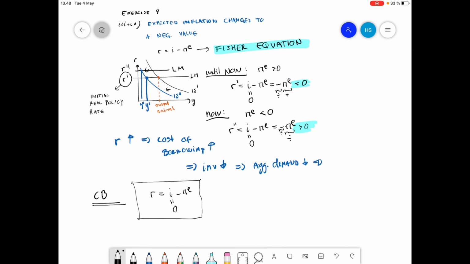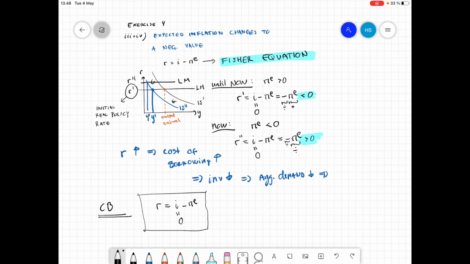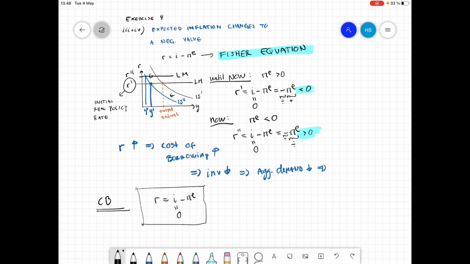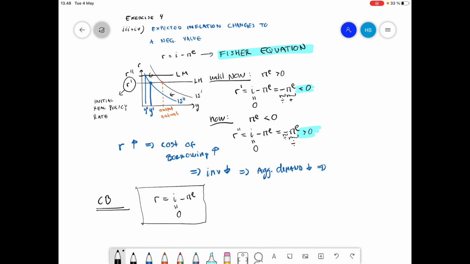So here we could think of one thing. The main take home: in order to limit the negative effect of the contractionary fiscal policy, the central bank could bring about a decrease in the nominal interest rate in order to bring about a decrease in the real policy rate and thereby increase investments.